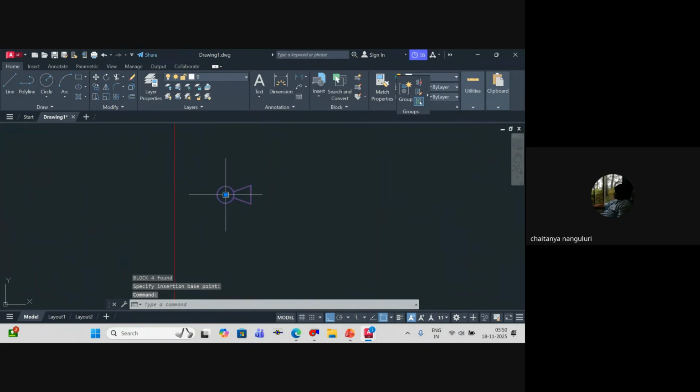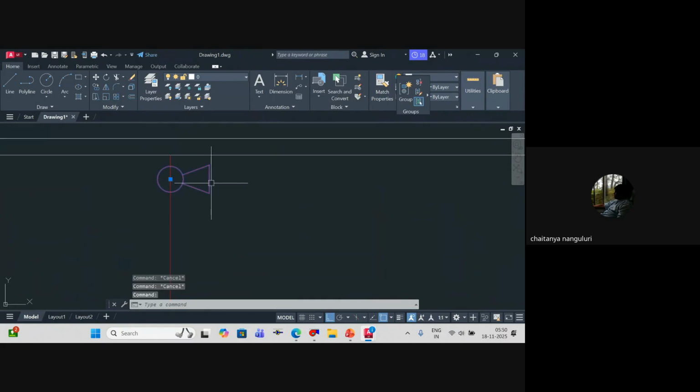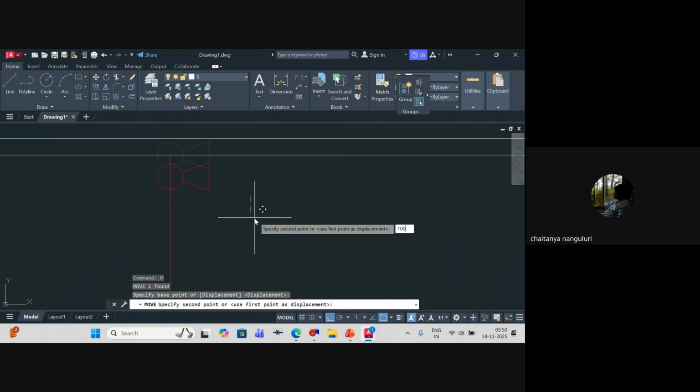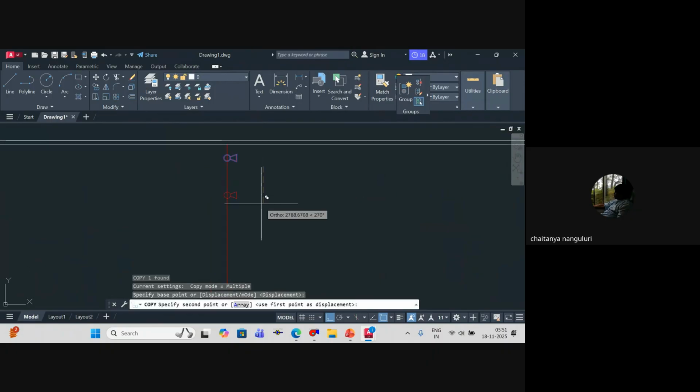So this nozzle, I'll try to place it from the wall. We'll keep it around 1 meter distance if you want. From here, I'll keep a distance of 1000, and from here I can take a distance of around 2 or 2.5 meters. So let's take 2 meters.